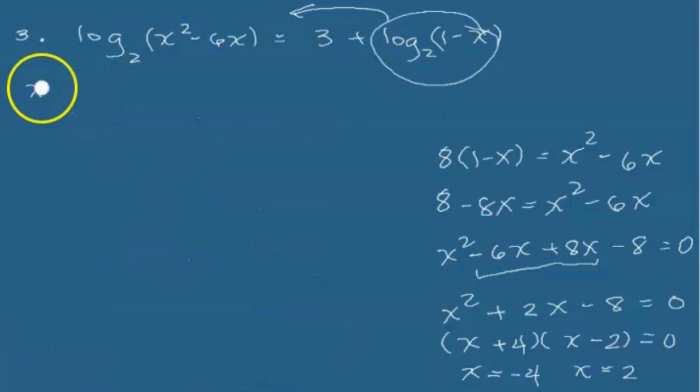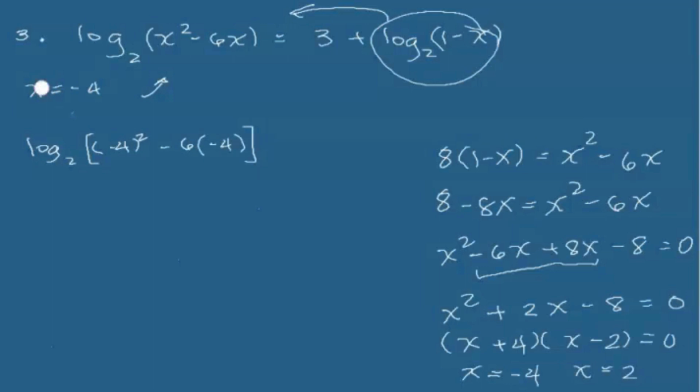Let's start with x equals negative 4 and substitute this into the original equation. So logarithm base 2 of negative 4 squared minus 6 times negative 4 is equal to 3 plus logarithm base 2 of 1 minus negative 4.